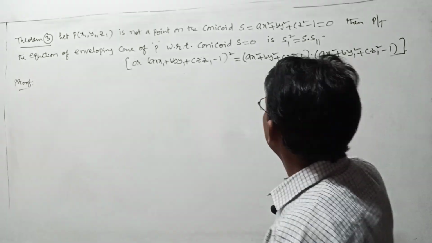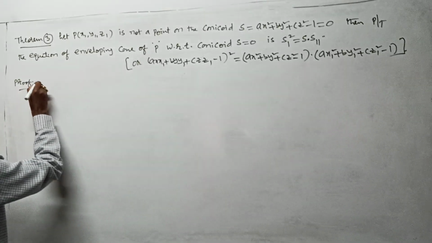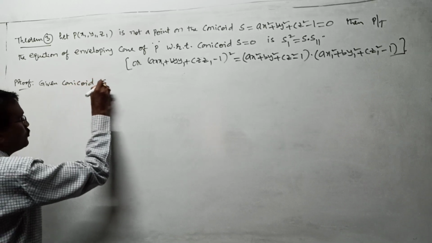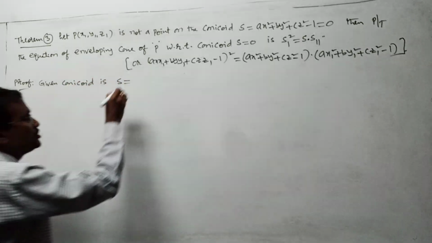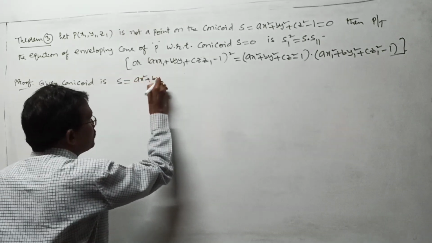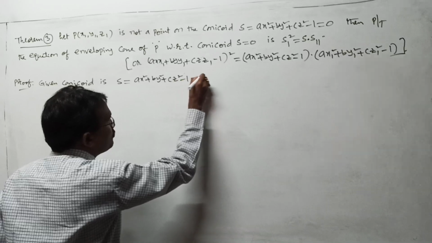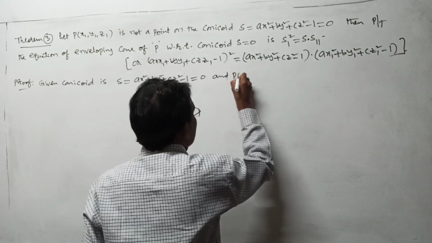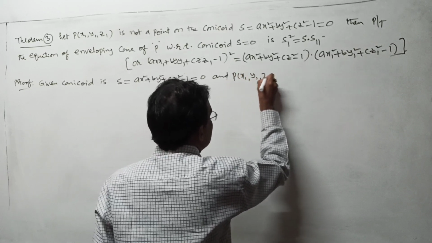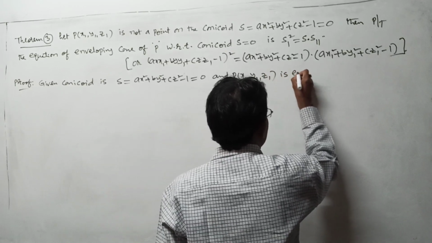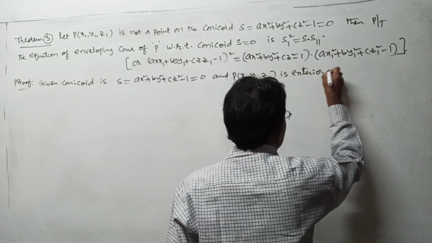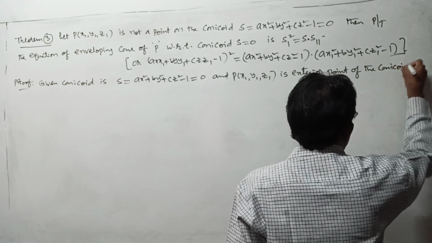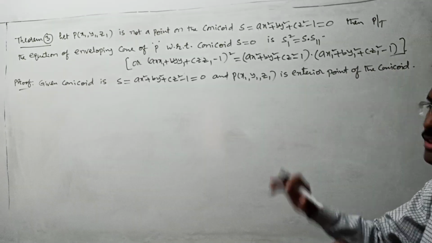First of all, I want to take the given conicoid. If they don't give the S notation, take S = ax² + by² + cz² − 1 = 0, and P(x1, y1, z1) is an exterior point of the conicoid, outside the conicoid.